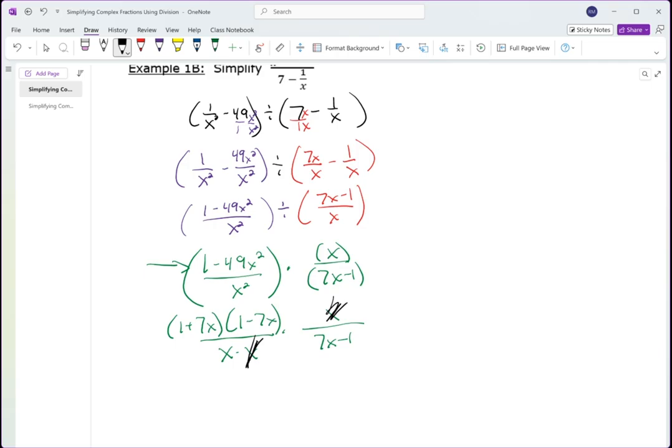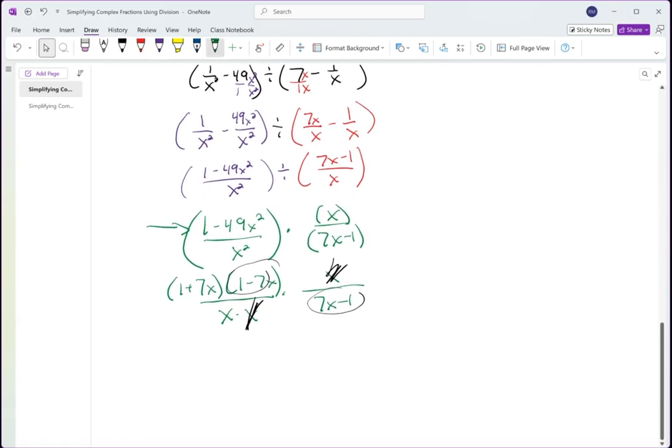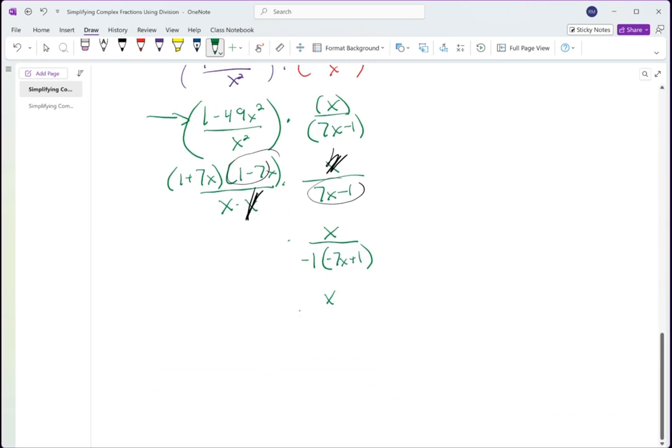But these guys look very similar, but they're not exactly the same. So I have to have them look exactly the same in order to cancel them. So I'm going to go ahead and factor out a negative 1. Whenever they look kind of opposite of one another, if I factor out a negative 1, this is going to be negative 7x plus 1, which could be written in the different order of 1 minus 7x.